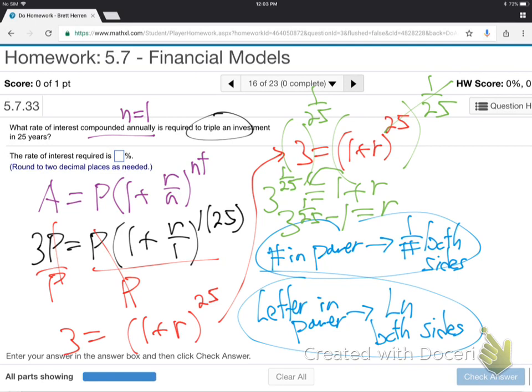I'm getting 0.044924. Move the decimal 2 places right here, and we get what? 4.49%. Did y'all get that okay? 4.49%?